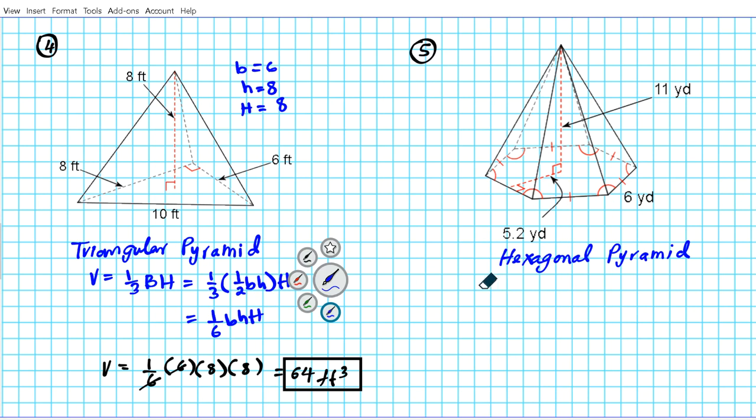The volume, standard 1/3 base, area of base times height.